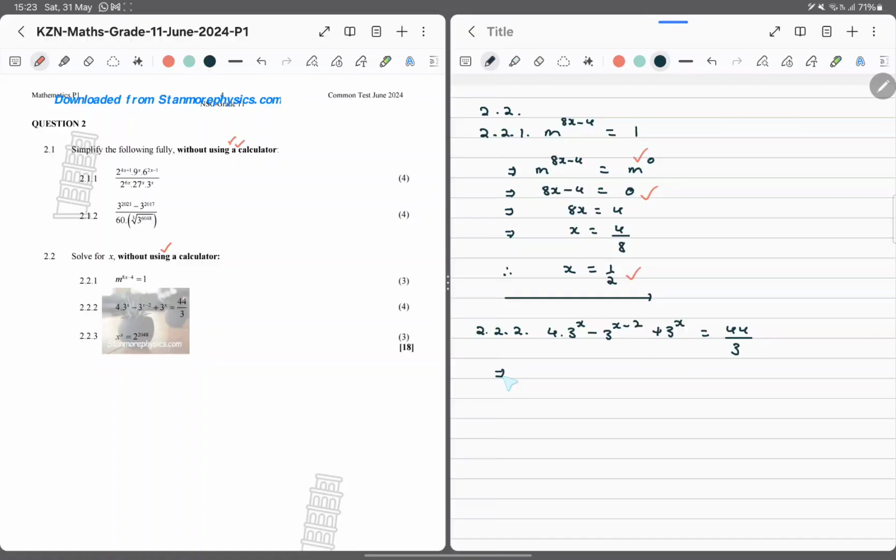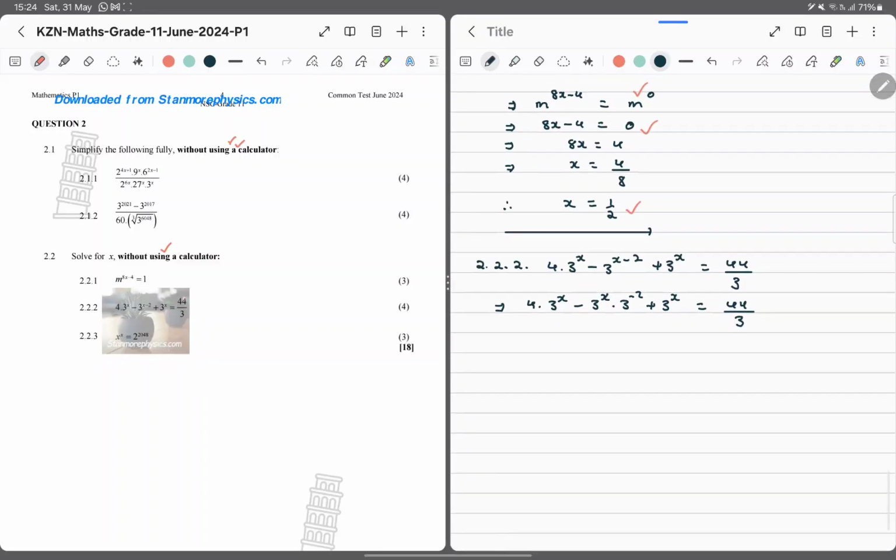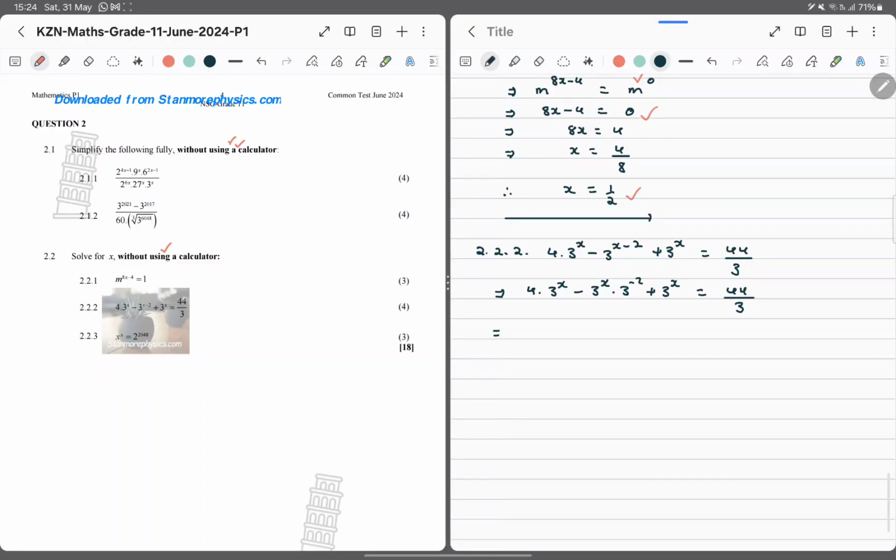So this implies we need to deal with this. So this is 4 times 3 to the x minus 3 to the x minus 3 to the minus 2 plus 3 to the x equals 44 over 3. We factorize the left hand side. 3 to the x into 4 minus 3. In fact, we can check.